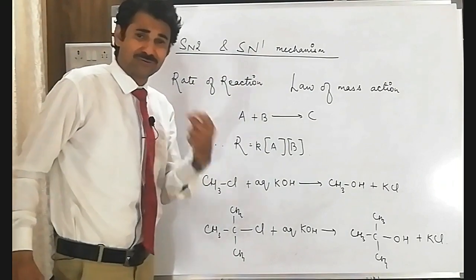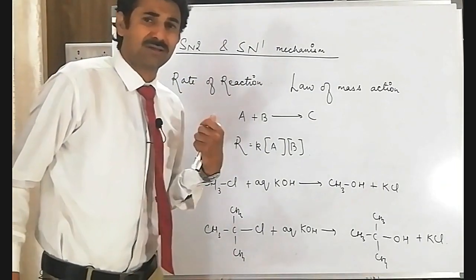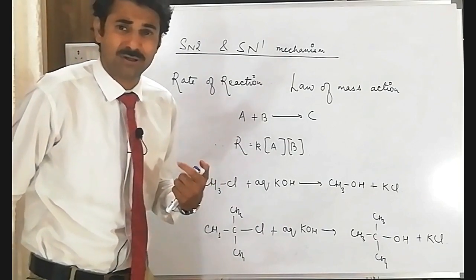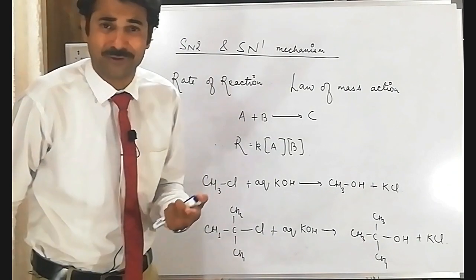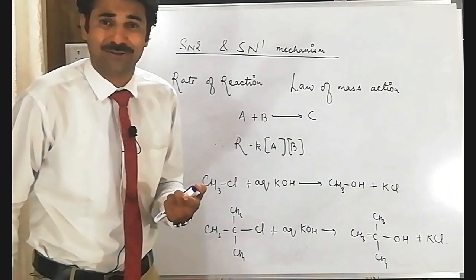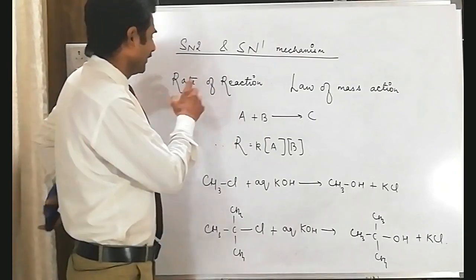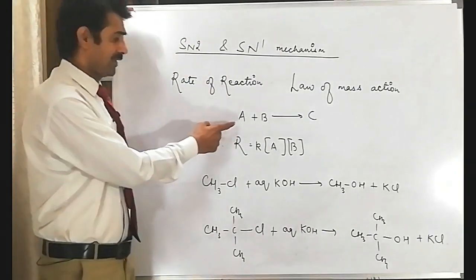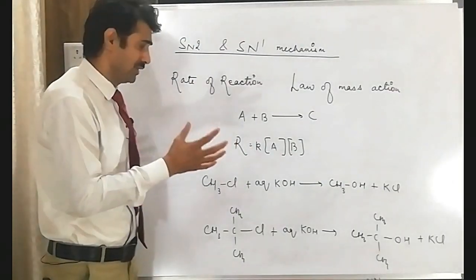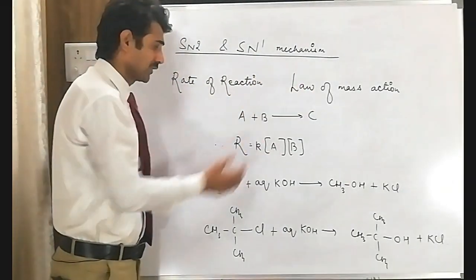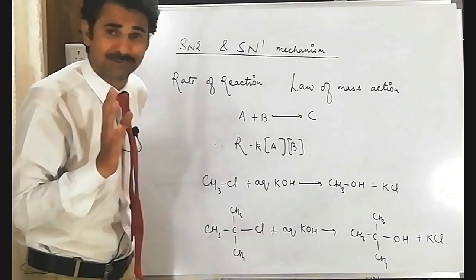Now, before we start SN1 and SN2, I would like to take you back to chemical kinetics. There you had a concept of order of a reaction. Remember? Yes. So let us take an example. Rate of a reaction, suppose we have A plus B gives C. According to the law of mass action, rate is directly proportional to the concentration of reactants.